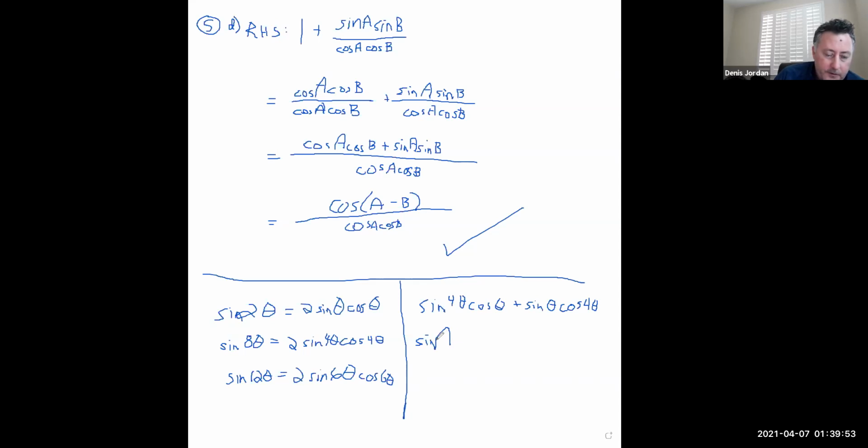So in general, if it's sine A cosine B plus sine B cosine A, what does that equal? It's going to be sine of A plus B. So you have this exact format right in front of you.